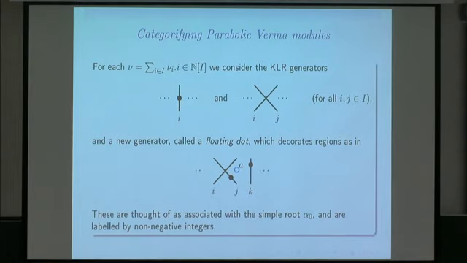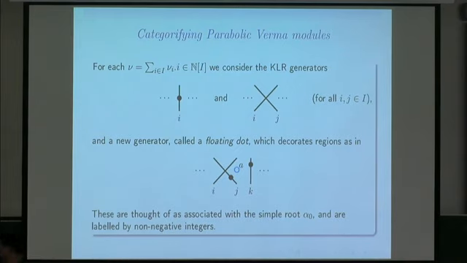So let's consider that you have some algebra. Nu here is just a weight element. Let's consider, well, you have these usual scalar generators, dots and crossings for all simple roots i and j, and let's add a new generator, which we call a floating dot. This blue bubble here in a region can float within regions. Moreover, we think of floating dots as associated to the simple root alpha 0.